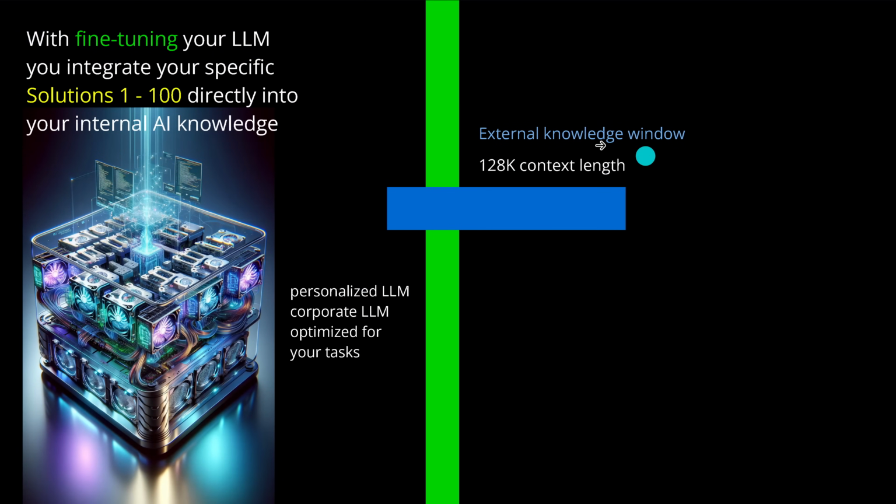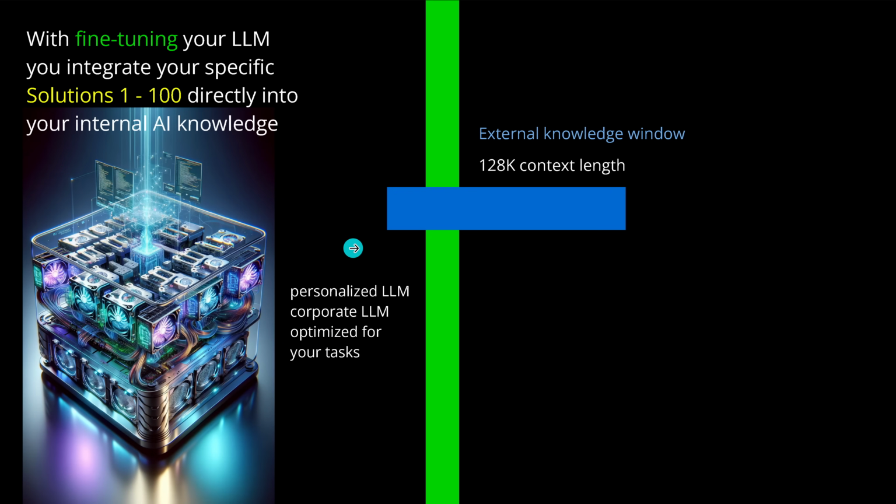What they achieve now on an enterprise level is they bring in all the 100 solutions that you need for your company, that you have discovered in your particular enterprise. And they fine-tune your LLM to directly integrate all the solutions into your internal AI knowledge. So you have a personalized LLM, a corporate large language model that is now optimized for all of your tasks.